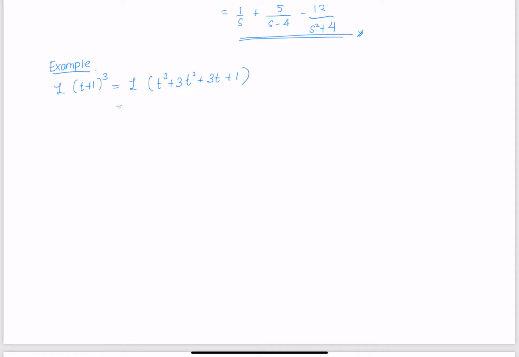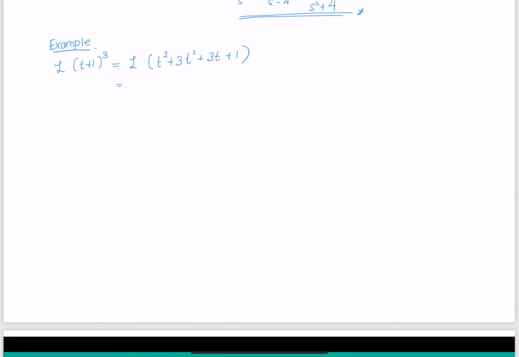So you can separate them by the first linearity property. So I will have the Laplace transform of t cubed, plus 3, which is just a constant, so I can take out 3, the Laplace transform of t squared, plus 3 times the Laplace transform of t, plus the Laplace transform of 1.